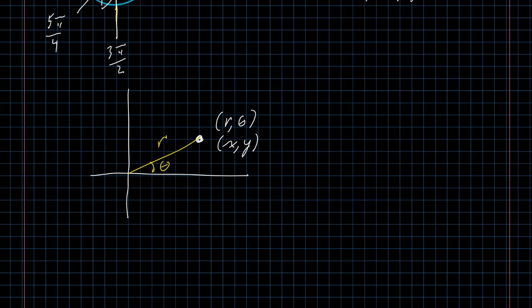I'm also going to go ahead and put in some dotted lines parallel to the x-axis and parallel to the y-axis. The definition of rectangular coordinates says that this length has to be x, and that length has to be y.